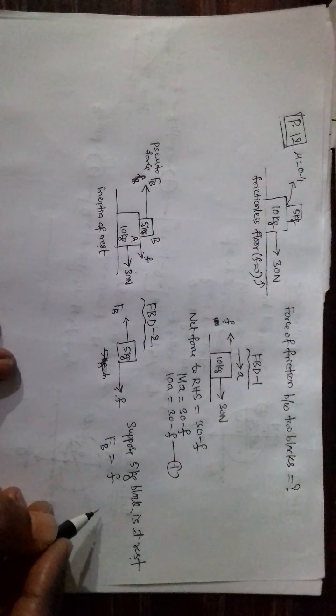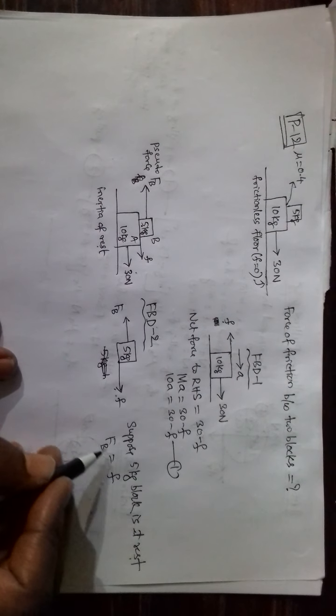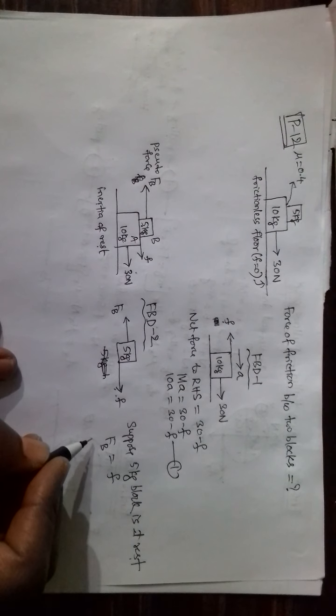If the 5 kg block is at rest, then we can write Fp is equal to F. According to Newton's second law, F is equal to ma.